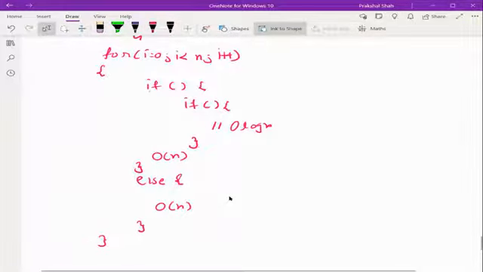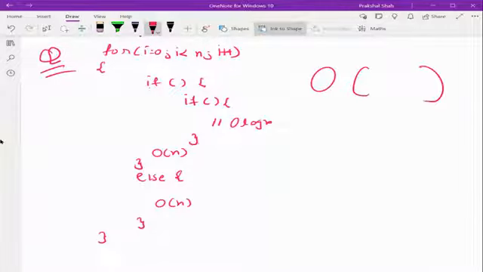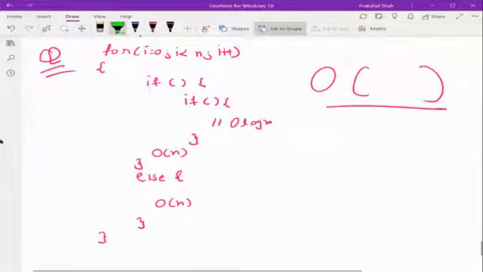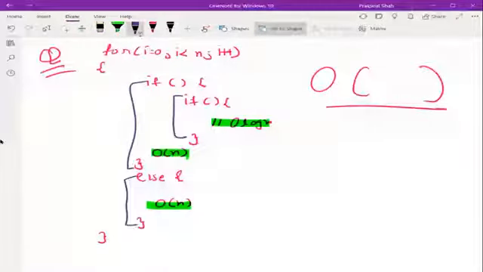So you have to tell me the worst case complexity of this. People got the problem? This one, this one, this one. This is for this case, this is for this case, this is for this case.